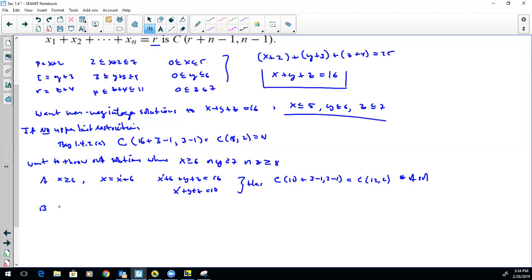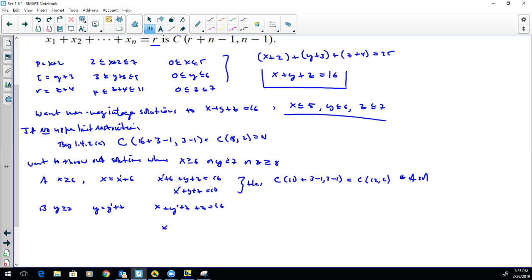Okay, now let's look at the ones where y is greater than or equal to 7. So we'll redefine y as being some y prime plus 7. Okay, so we'd have x plus y prime plus 7 plus z equals 16.